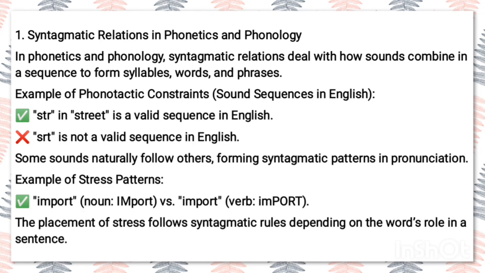For example, phonetic constraints, sound sequences in English. Valid sequence: str in street. Invalid sequence: srt. It is not a valid sequence in English. The sequence of sounds in street follows the rules of English phonotactics, which govern the allowed combinations of sounds in the language.